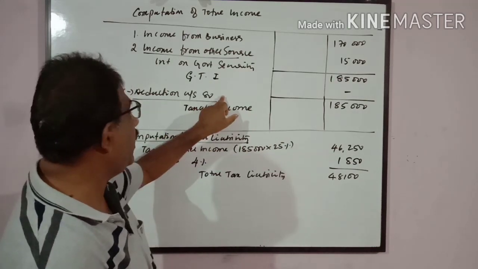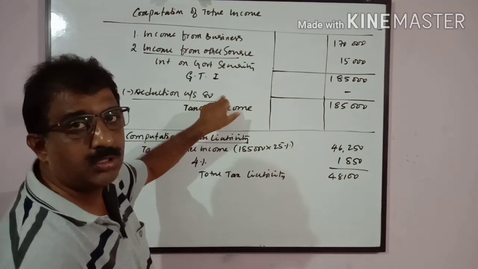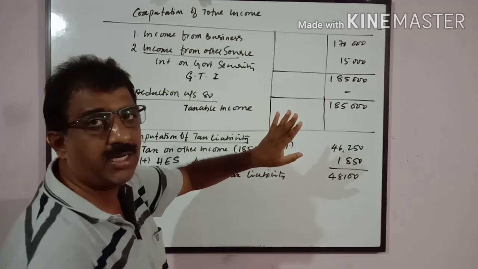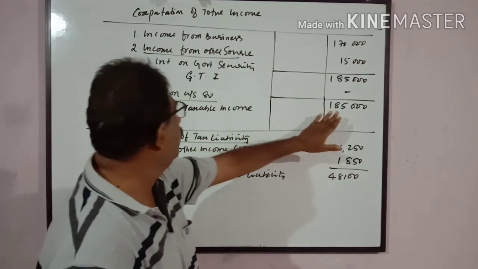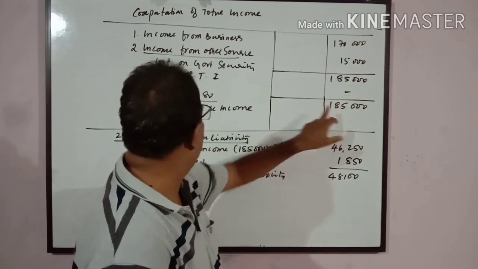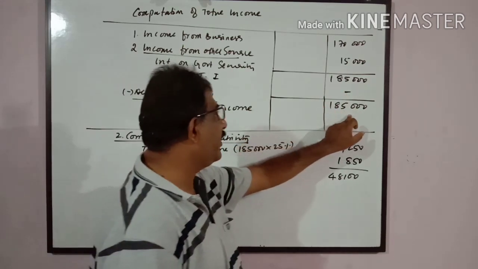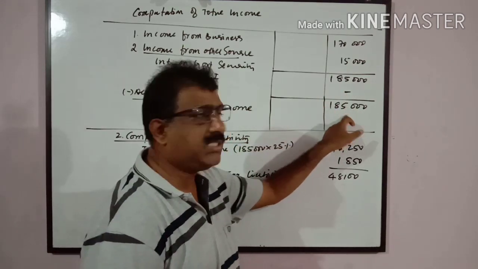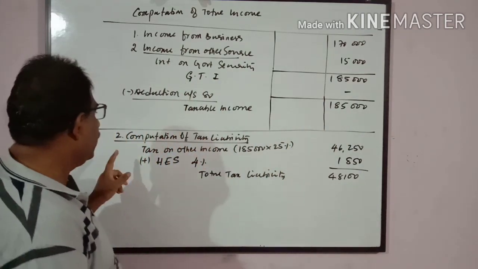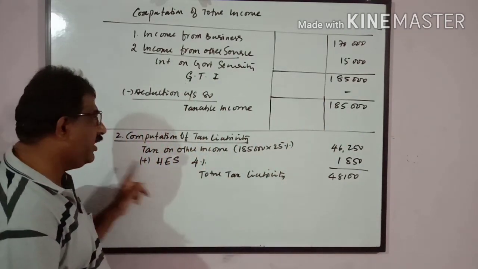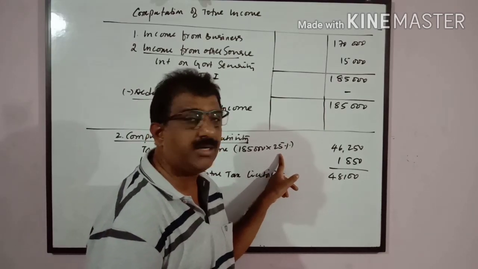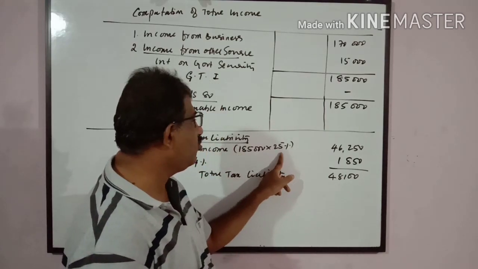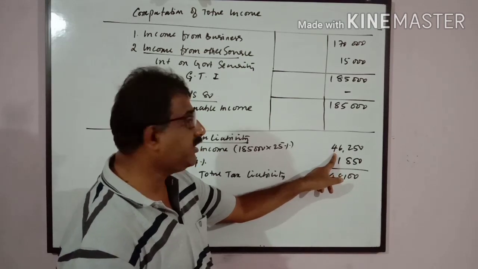Deductions under sections 80C to 80U: there are no deductions given here, like donations, charities, etc. So no deductions, nil. Taxable income comes to 1,85,000. On this I am going to calculate the tax. Computation of tax liability: 1,85,000, 25% is the standard rate. 1,85,000 into 25% comes to 46,250.